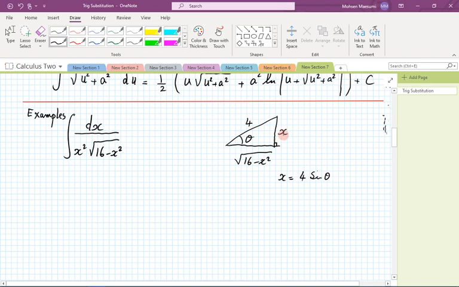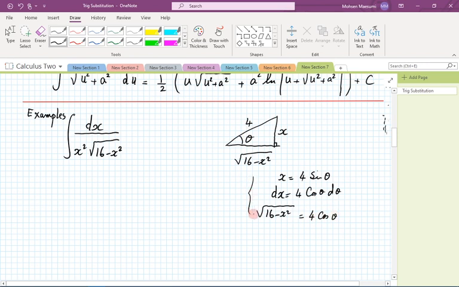There's a relationship between the opposite, hypotenuse, and the angle. The differential of this is going to be 4 cosine theta d theta. And for the expression, you can do it one of two ways. Either put the x here, that is 4 sine, and square it and subtract and get 4 cosine, or come here in the picture and see that the adjacent to this angle is going to be 4 cosine theta.